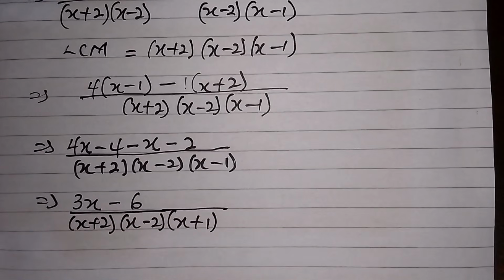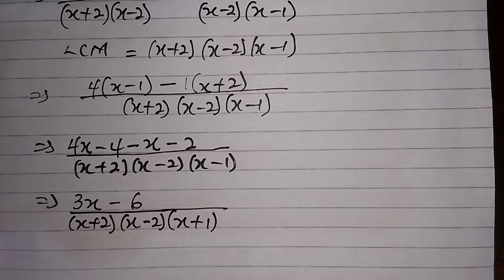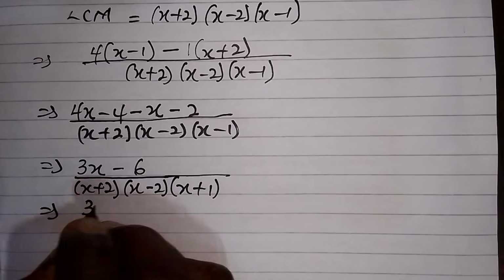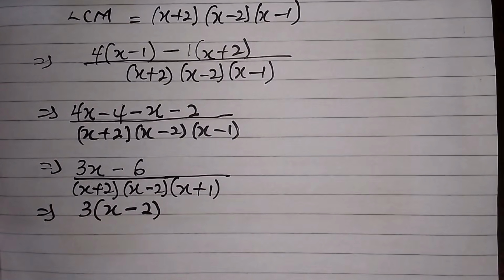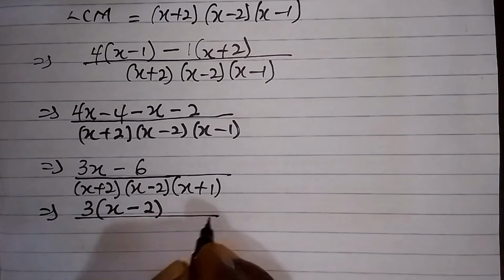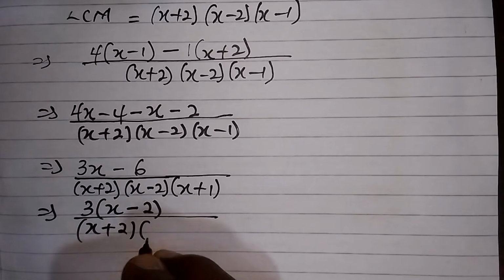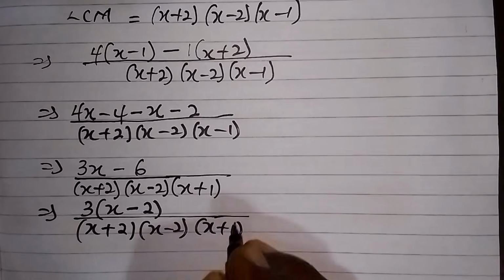For this, the numerator can be factorized because 3 here is also a common factor of 6. So with 3 out, I have x minus 2 inside the bracket, because 3 goes into 6 too. All this over the denominator of x plus 2, x minus 2, x minus 1.